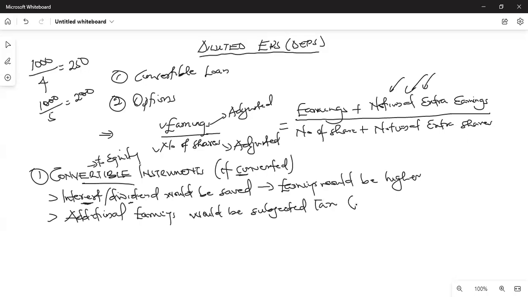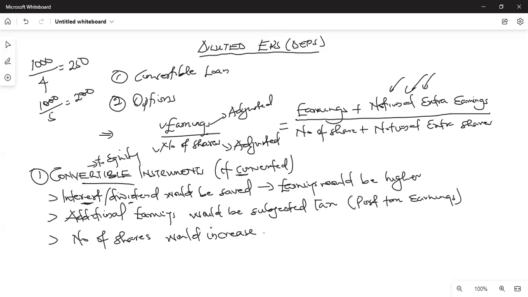What we will be looking for is post-tax earnings. Also, because they've converted to equity, our number of equity shares would increase.